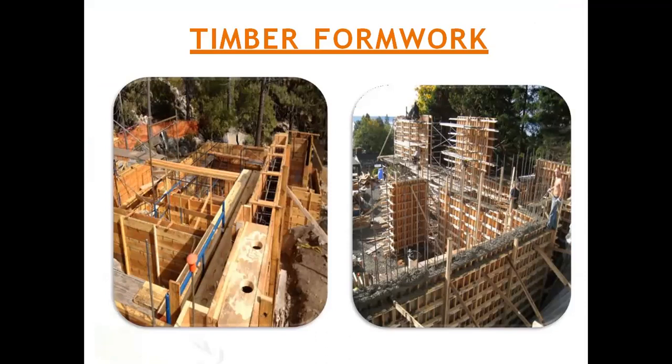Here you can see these are shear walls. There is no brickwork here, only concrete; the walls are also made by these types of formworks. The structure being constructed is a shear wall.